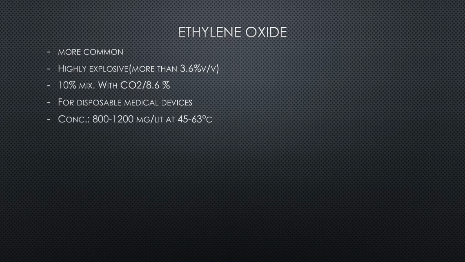The efficacy of ethylene oxide treatment depends on achieving a suitable concentration in each article. For this purpose, the concentration of ethylene oxide is taken from 800 to 1200 milligrams per liter, and it is operated at a temperature of 45 to 63 degrees Celsius.